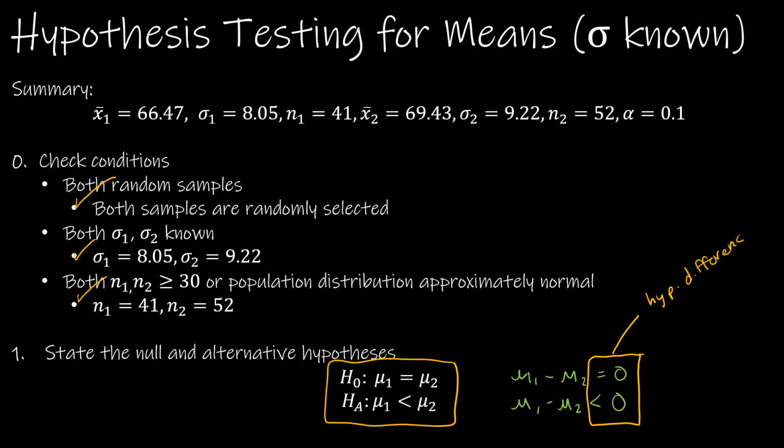So as I'm finding my z-score on the next slide, you will notice that when it says mu1 minus mu2, I'm going to be replacing that with 0. Now, it doesn't matter which way I write it. It still means that if those two means are equal to each other, then their difference would be 0.